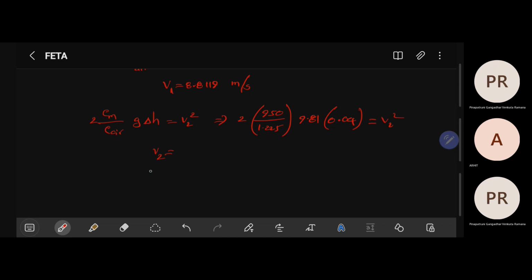Harith, did you calculate the answer for this V2? Sir, actually I'm getting it wrong. Just a second, sir, I'm rechecking my calculation once. Okay, fine.